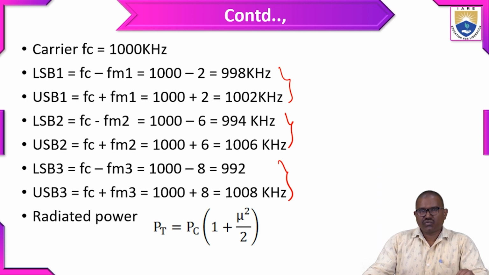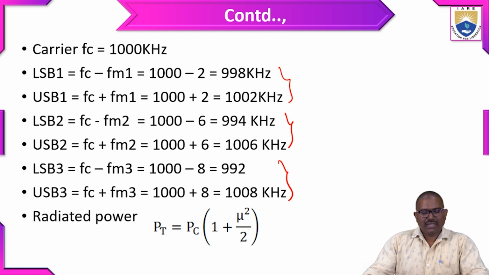So FC 1000 kilo minus fm1 2 kilo gives 998 kilohertz. And upper sideband 1, for the first message signal, is FC plus fm1. So 1000 plus 2, 1002 kilohertz.